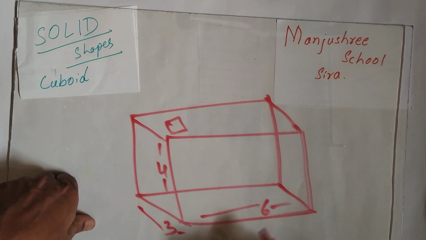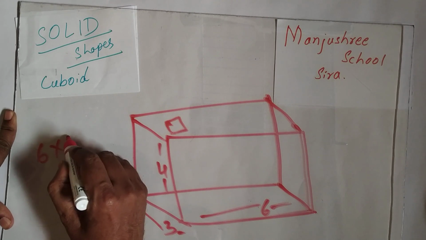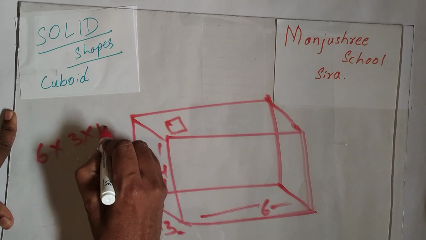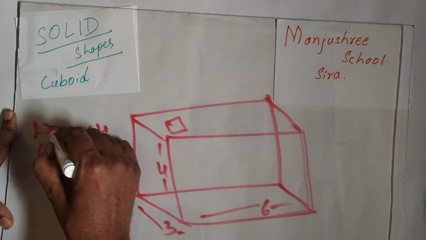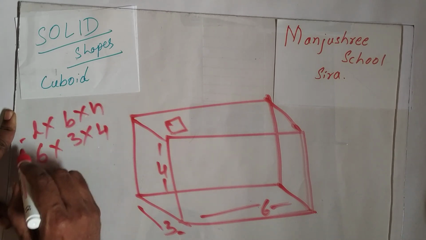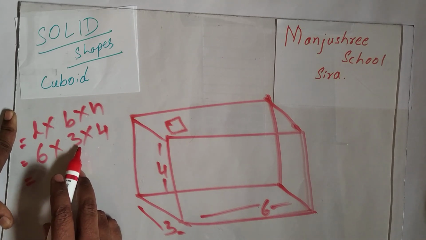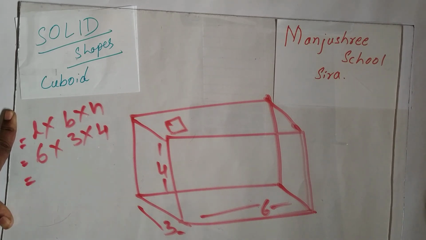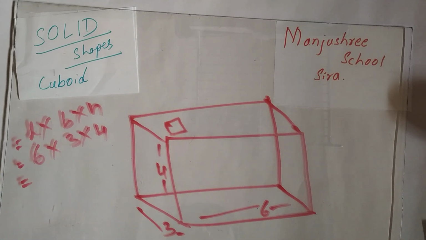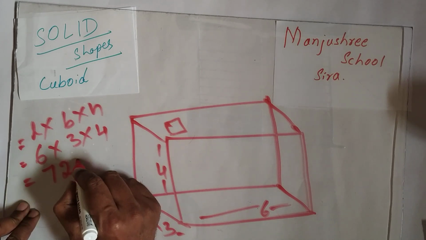You can just find 6 into 3 into 4, that means length, breadth and height. So now you can see 6 3s are 18, 18 4s are 72. So totally, it's going to be 72 cubic feet.